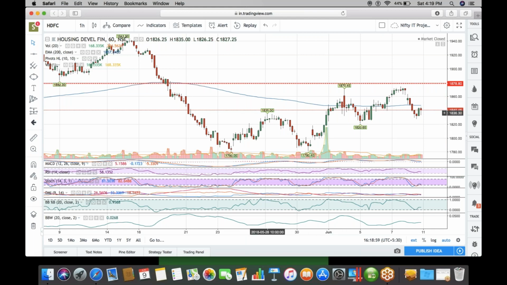See this, this is the high 1835, makes a low 1780, which is same as this one. Again makes a higher high 1870, which is more than 1835, makes a low which is 1820, which is higher than 1780. Again makes a same level high 1870. So this is a minor trend. So minor trend is up.